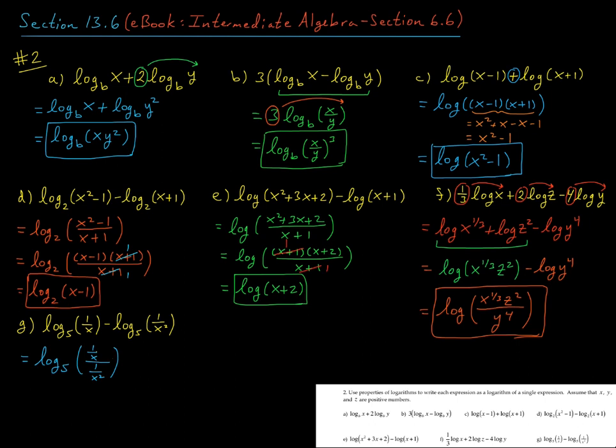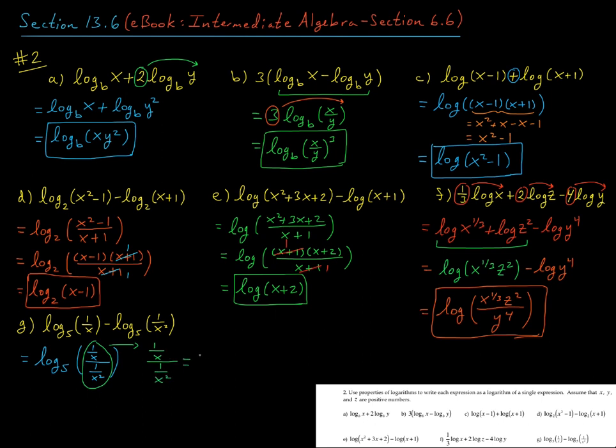Okay, so now let's go ahead and clean up this inside. So over here, just off to the side, let's go ahead and do this. So 1 over x divided by 1 over x squared.